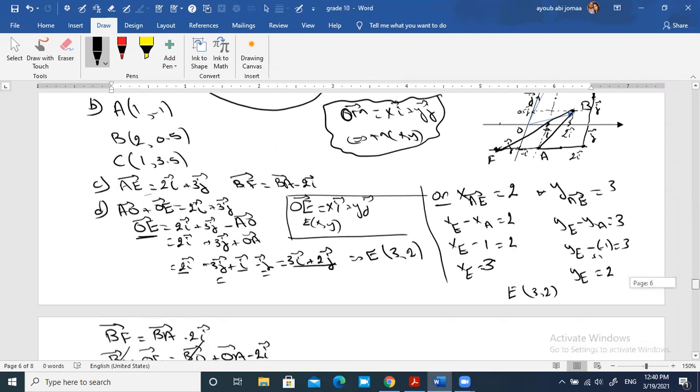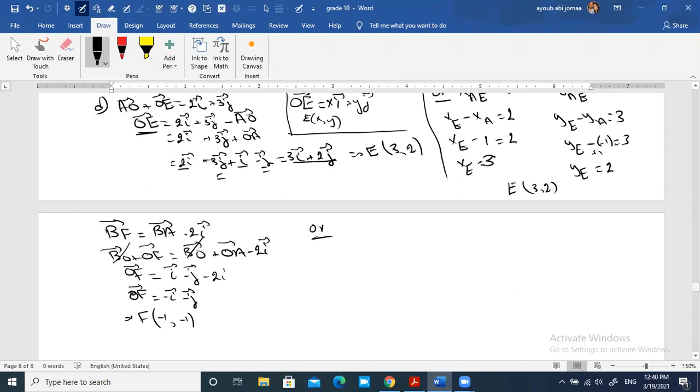Okay. The second way, you can write xF minus xB is equal to x of A minus x of B minus x of negative 2I, which is negative 2, and y of F minus y of B is equal to y of A minus y of B minus the y of the vector negative 2I, which is 0.